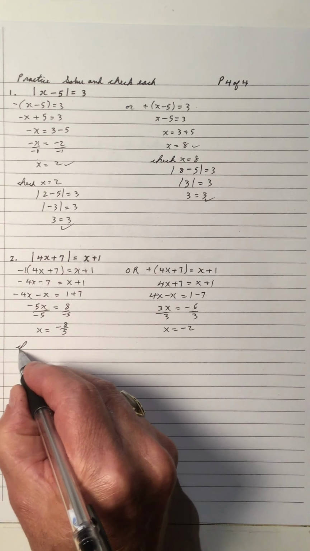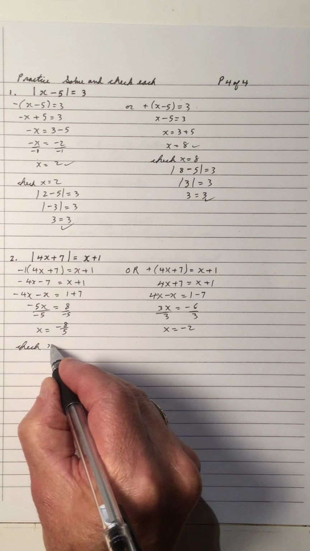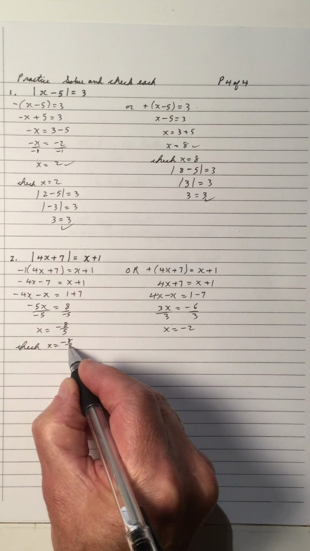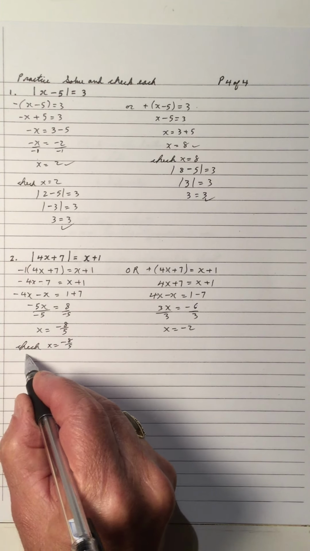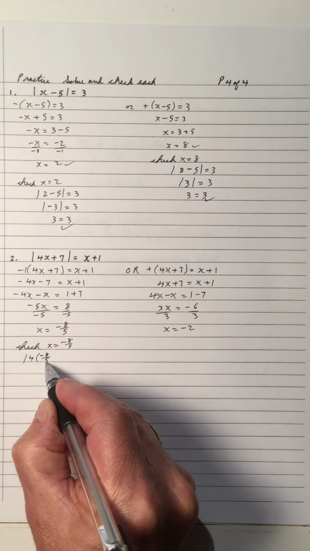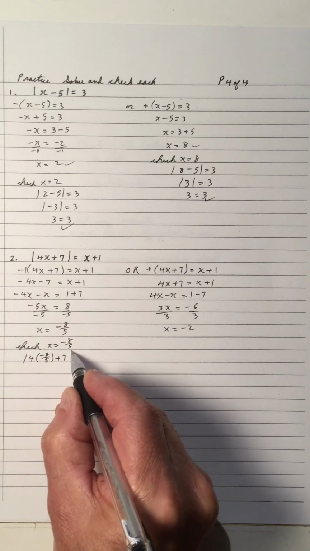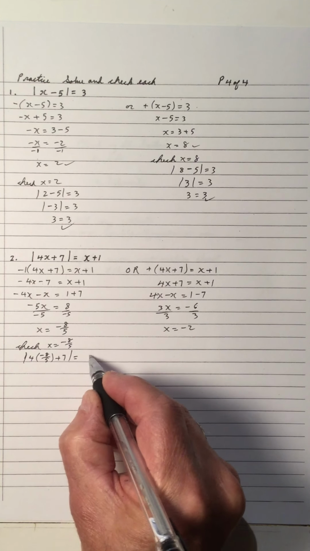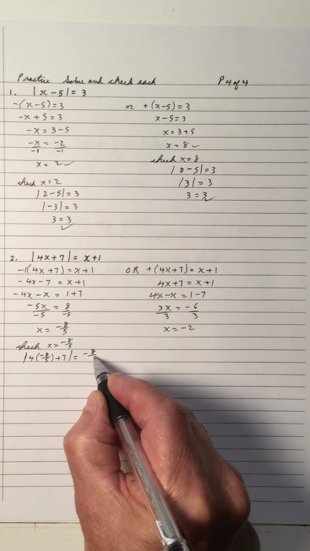So we're going to check these answers. So we're going to check x equals negative 8 over 5. So we have 4 bracket negative 8 over 5 plus 7 equals negative 8 over 5 plus 1.